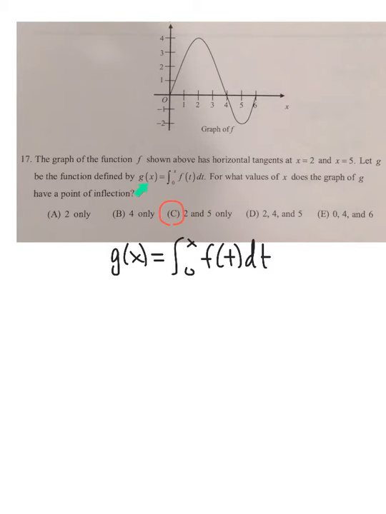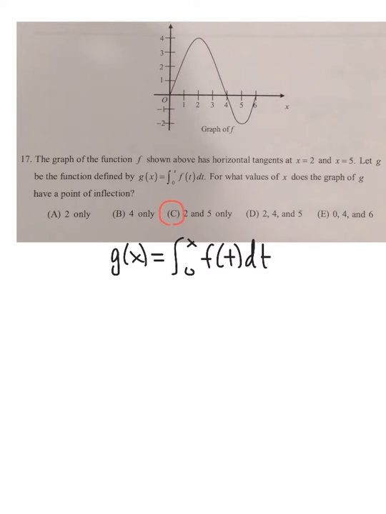So if you look at this, we see that g is equal to the integral from 0 to x of f of t dt. Now, the question, though, is talking about g and having a point of inflection, which I know means second derivative of g. So I want to see if there's some relationship between f and g down here.